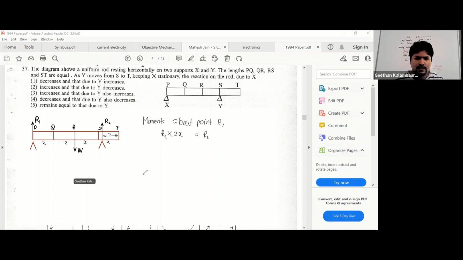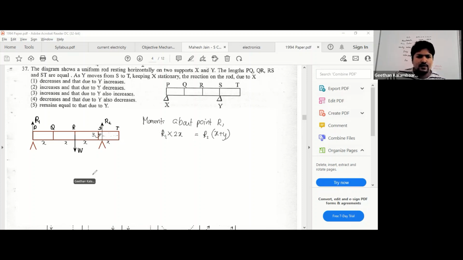I think it's easy to call this small part y. Guys, this is y. Right, the small length is y. So I can say it's R2 into x plus y.